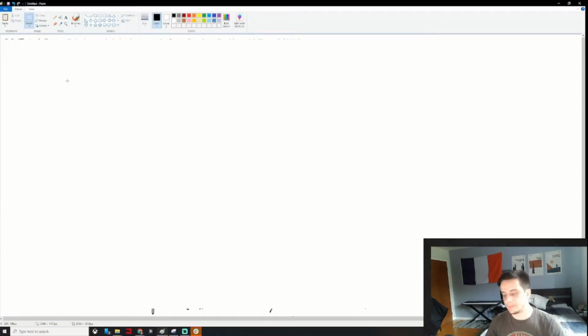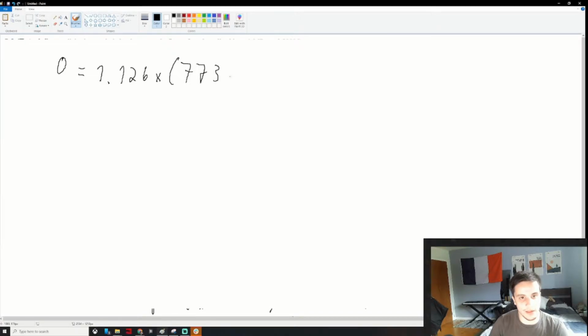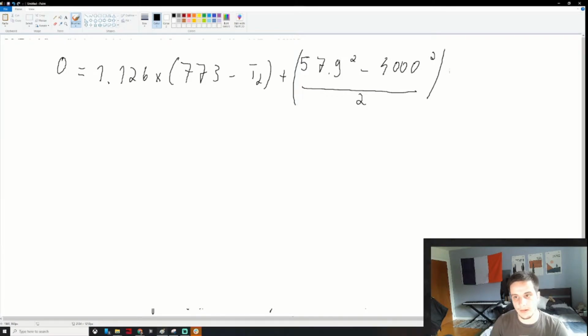Okay. Just rewrite the equation as it was. 0 is equal to 1.126 times 773 minus T2 plus 57.9 squared minus 4,000 squared divided by 2, and this time I'll make it times 10 to the power of minus 3.